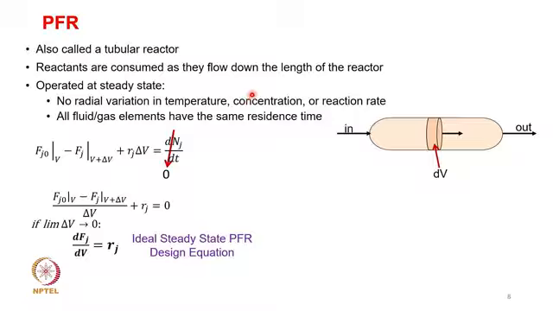Like our CSTR, the PFR is also operated at steady state, and the key aspect is no radial variation: no radial variation of temperature, concentration, or the reaction rate. Of course, it may vary axially. All fluid elements would have the same residence time.